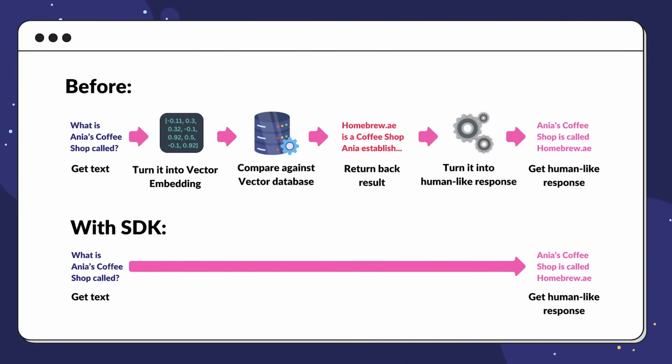Now, this SDK is great because previously you might have seen me take the word teaching, turn that into a vector embedding so we can compare it to vector embeddings in the database. It then returns that specific memory to us from the database, word by word. Then we have to make another call to OpenAI, probably to make it more readable and friendly, like a chatbot would.